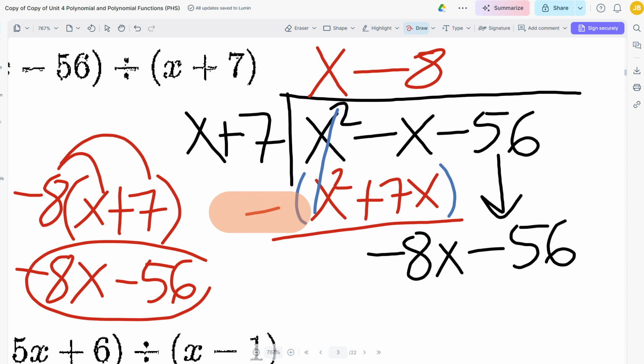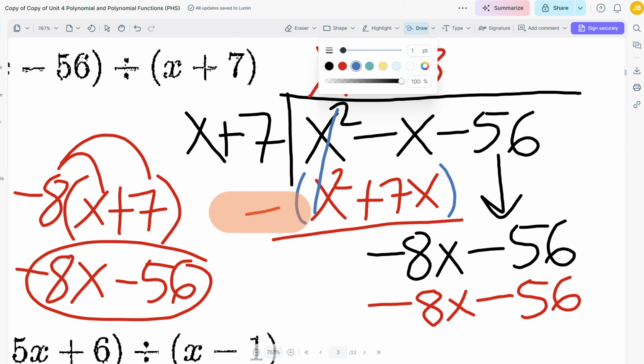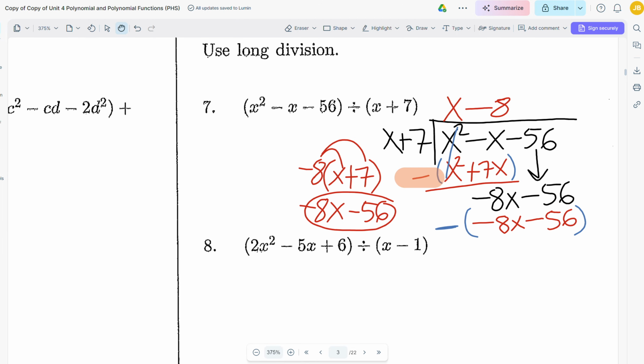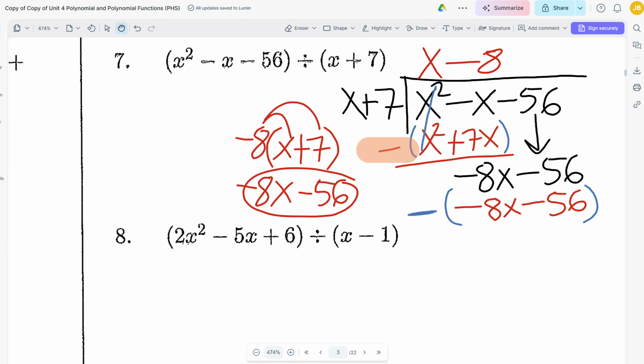We're going to go ahead and write this over here under our division problem here. And again, now we have to remember to put some parentheses on this result and a minus sign. There we go.